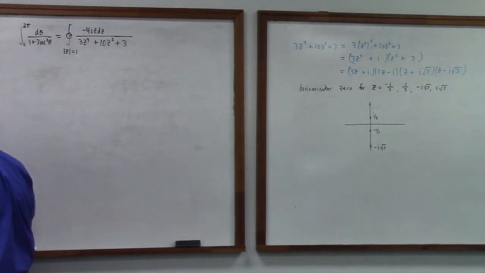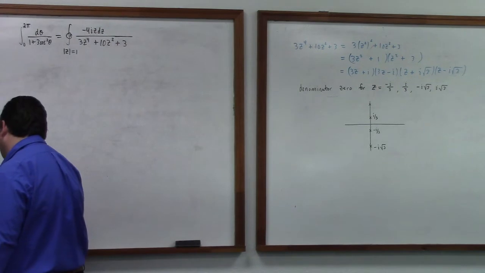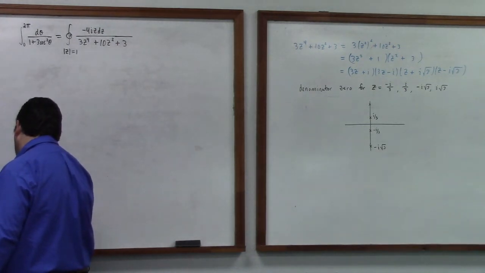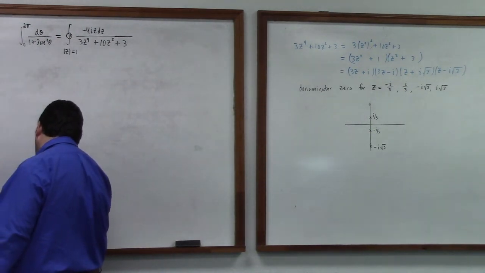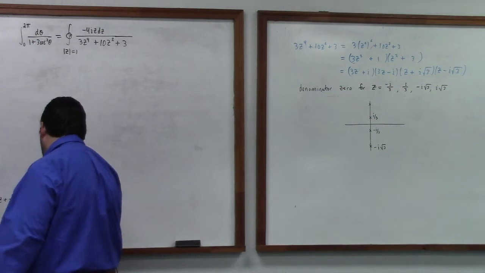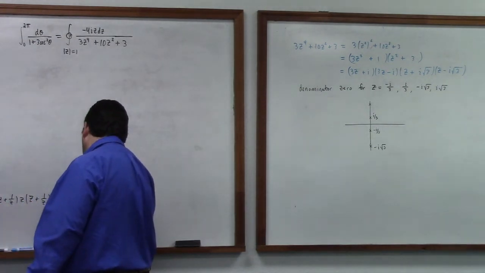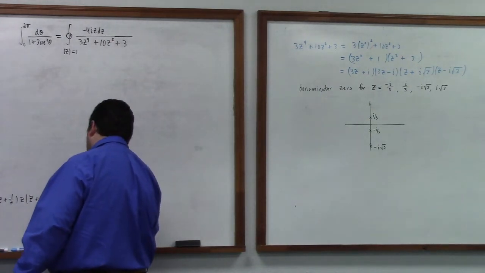So this is z plus 1 over z, z plus 1 over z. There are probably other ways to write this more convincingly, but anyway, I've got the 4 cancel, so I get a 3, and then I do z times z plus 1 over z, and then z times z plus 1 over z, which gives me 3z squared plus 1, z squared plus 1.